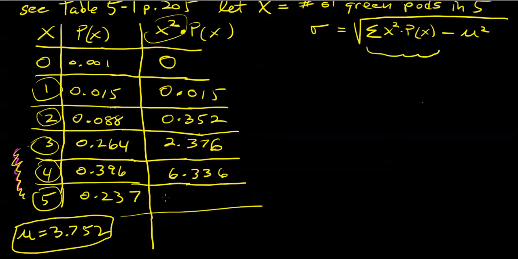And last one, 5 squared is 25, and 25 times 0.237 is 5.925.